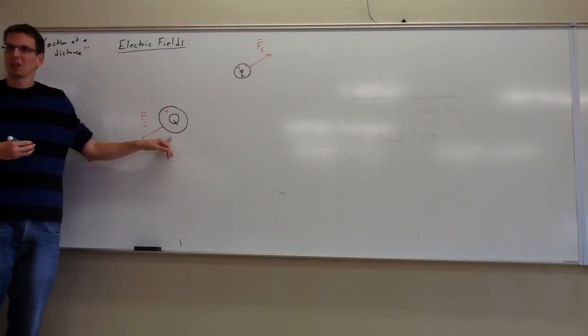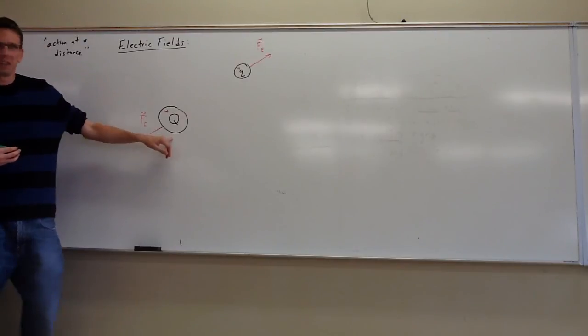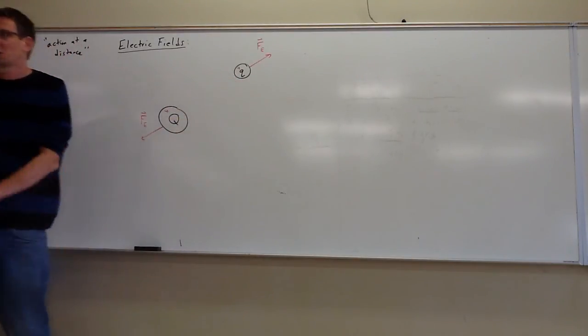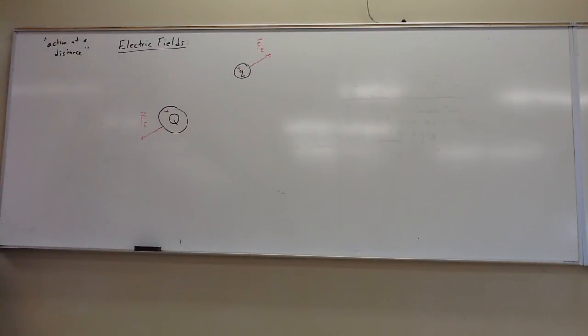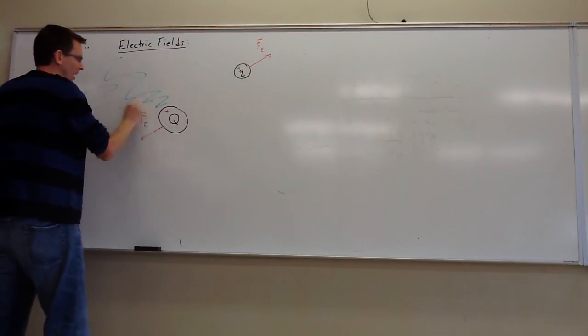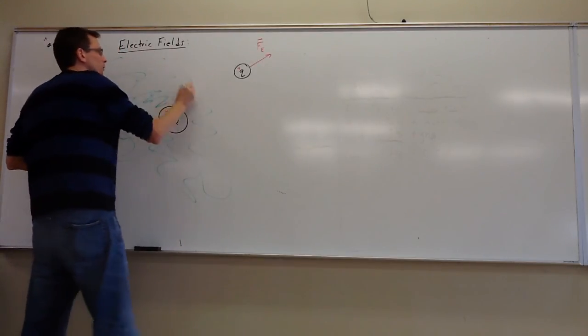This charge, big Q, doesn't have any particular knowledge of the other charge. What it does is it just puts some kind of pervasive influence into the space everywhere around it. In fact, to the edge of the universe, which, having no better way to draw it, I'll just draw as kind of some soup.